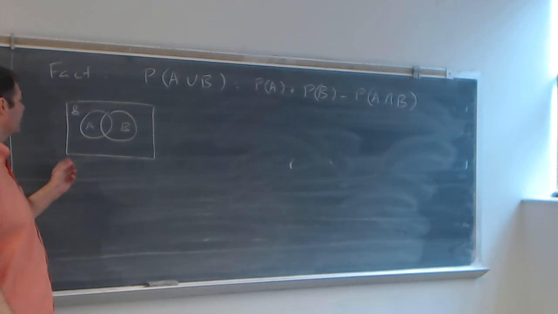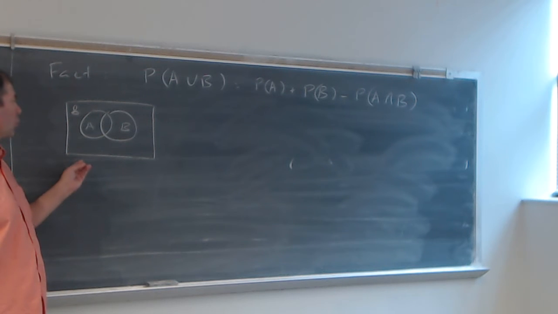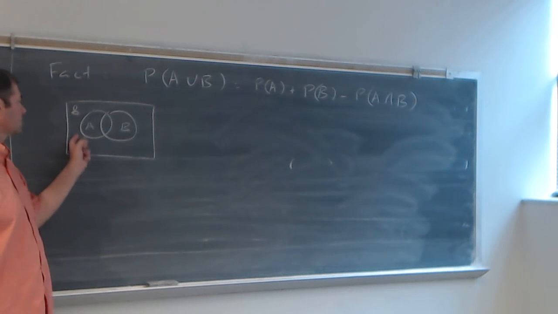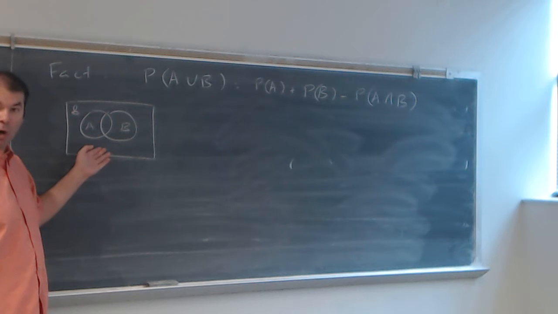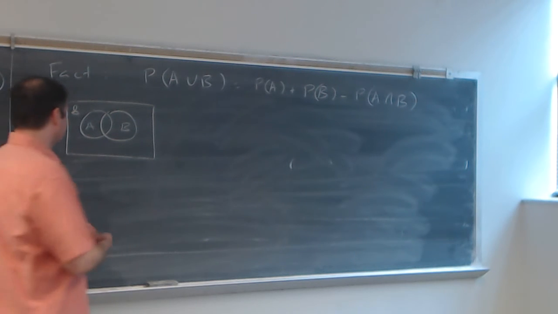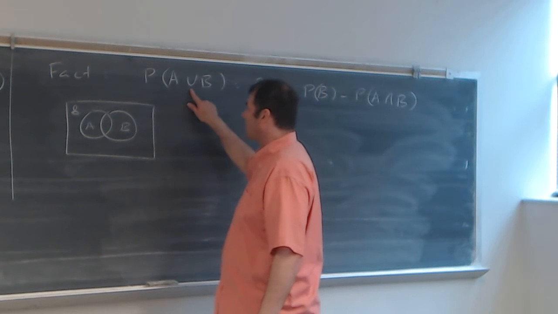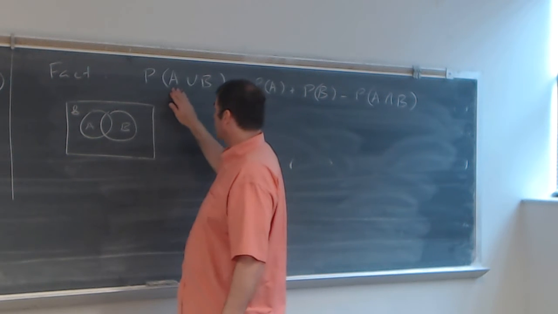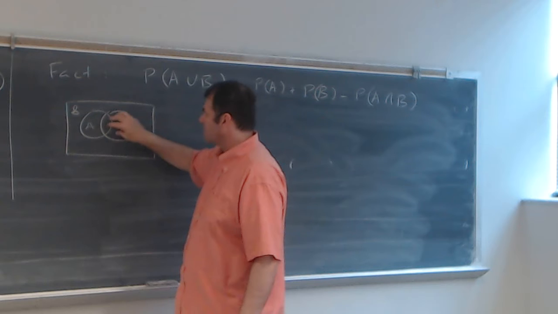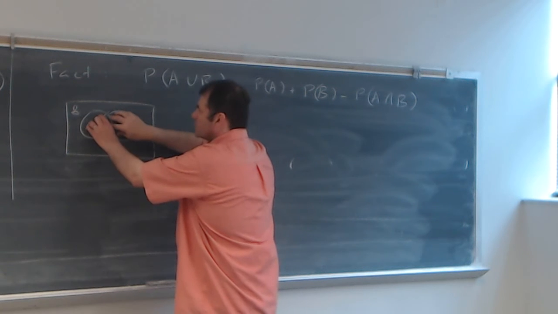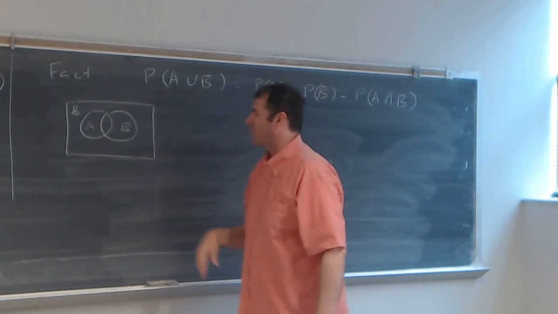Now, again, we're going to think of this as the probability being like worth, where the probability of the box, the sample space, is $1. And then we're looking at the probability of A union B. The union, A union B, is this region plus this region. So it's this region right here. What's the worth of that?